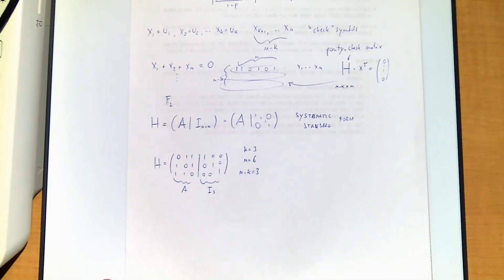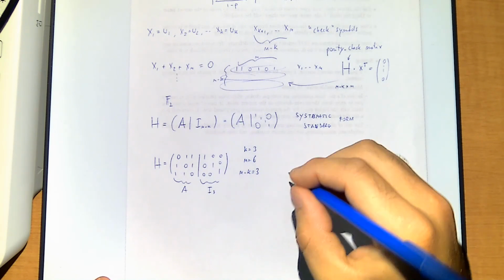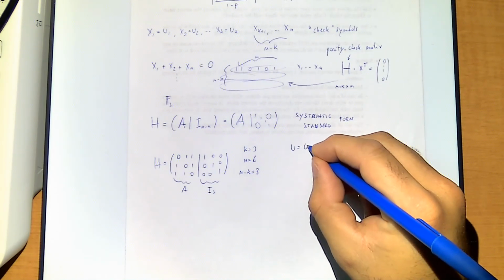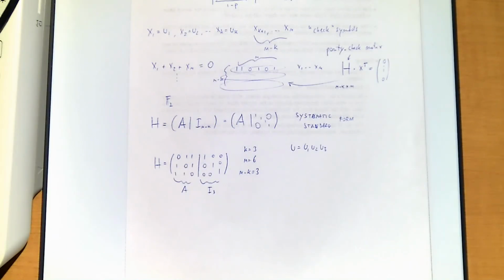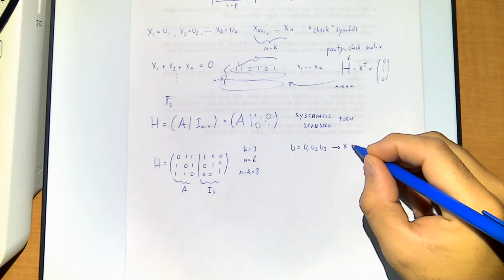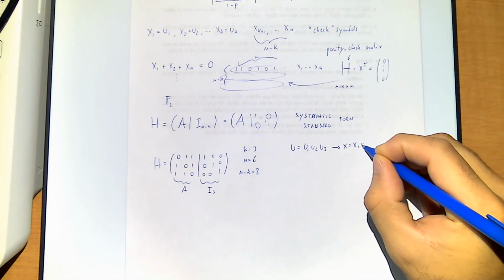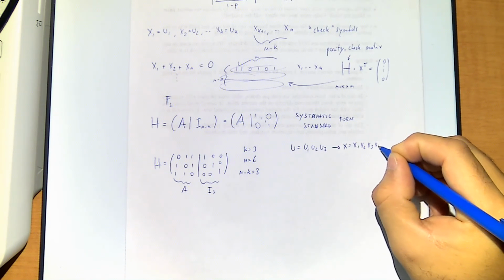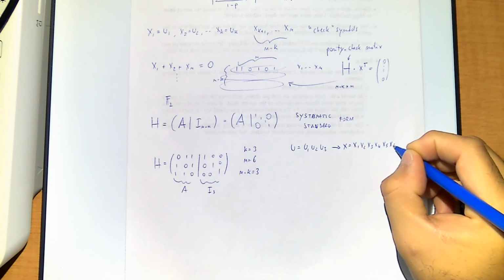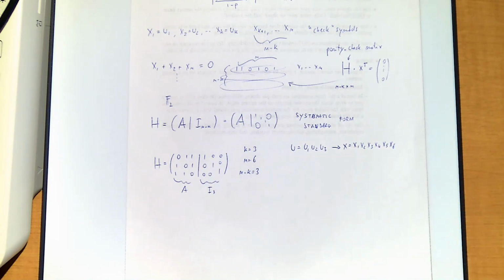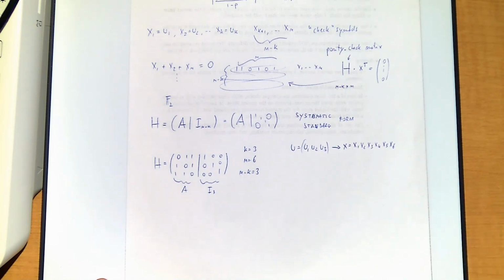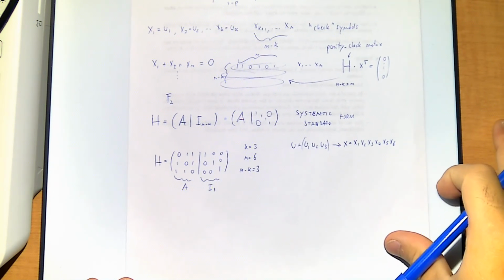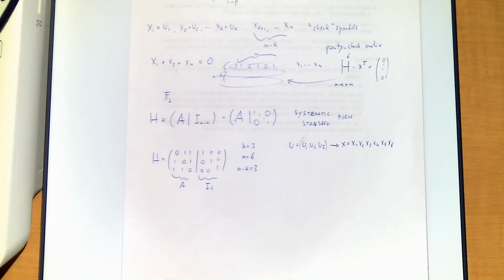Okay. So now, how do I encode a message using this matrix? I have a message U, U1, U2, U3. K is 3. And I want to transform it into X, which is X1, X2, X3, X4, X5, X6. These are vectors, so I should write them with parentheses, but just for brevity, especially since they're binary strings, I don't have to use the parentheses all the time.